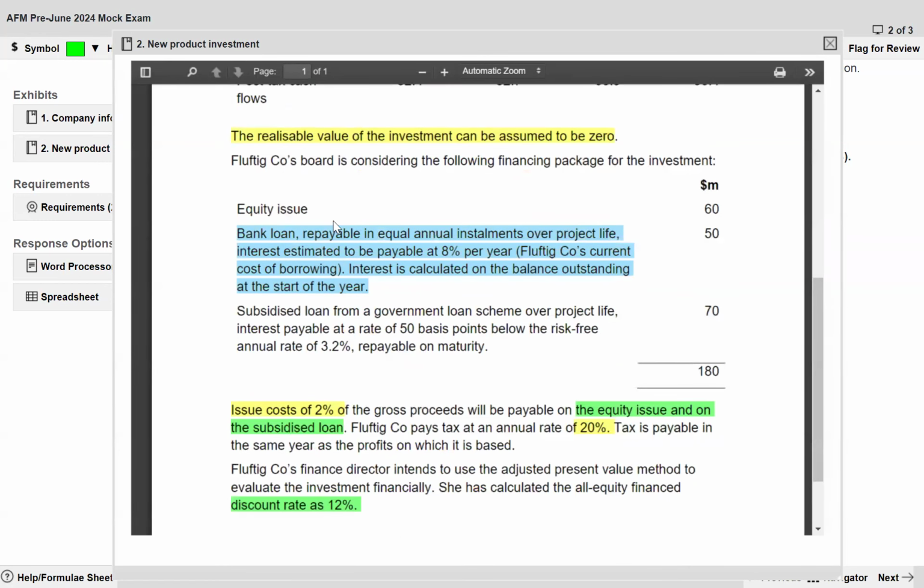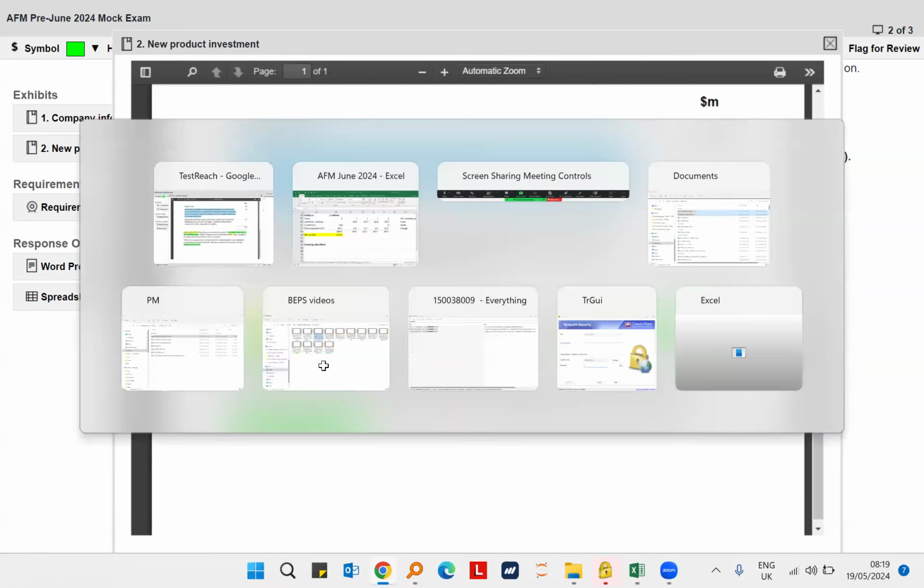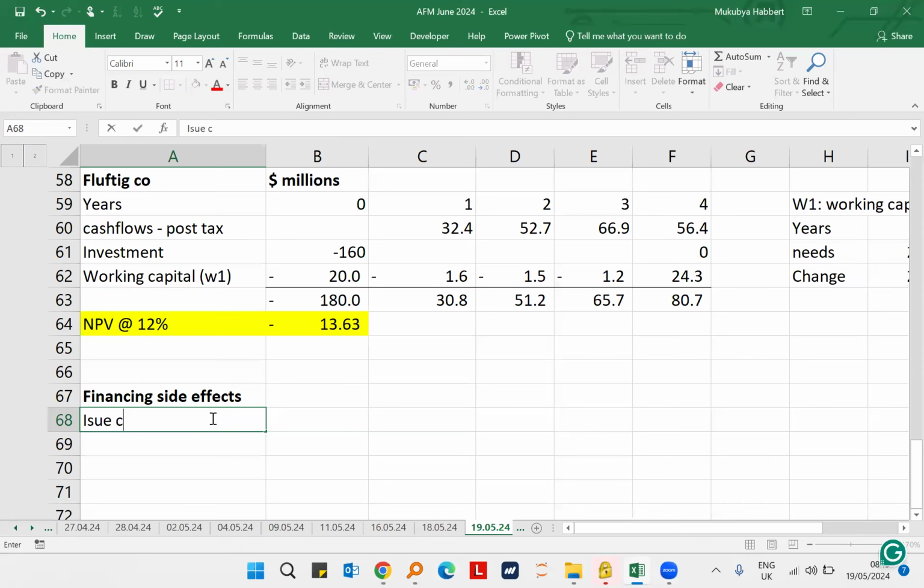We are financing using equity. We are financing using a bank loan and also subsidized loan. And then we also have issue costs. So we shall have issue costs as one of the financing side effects.